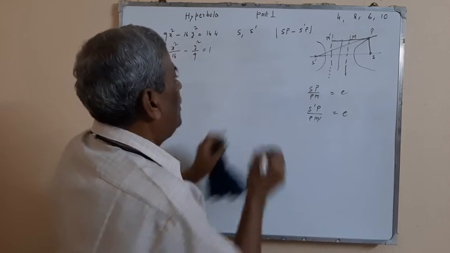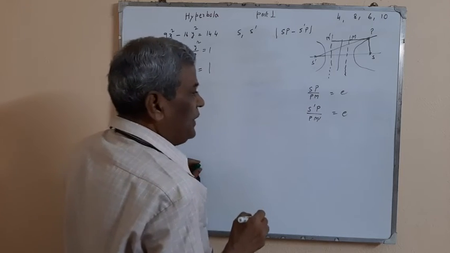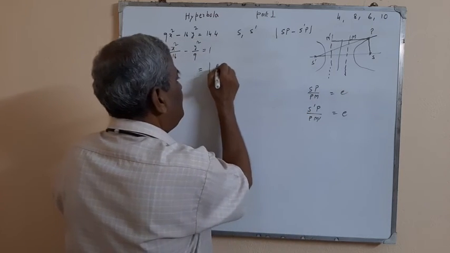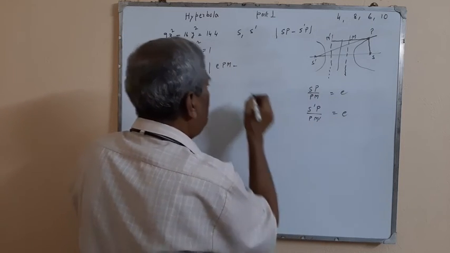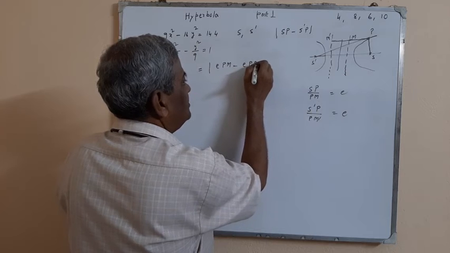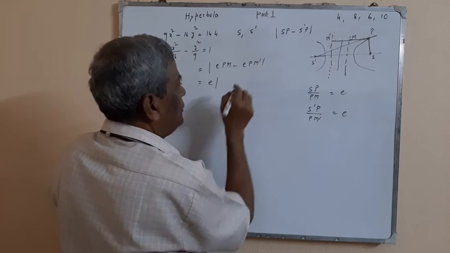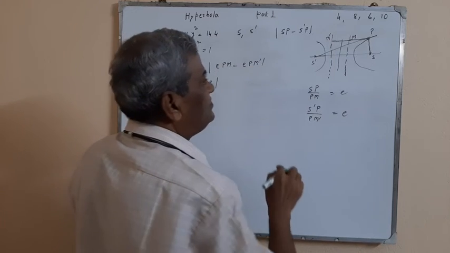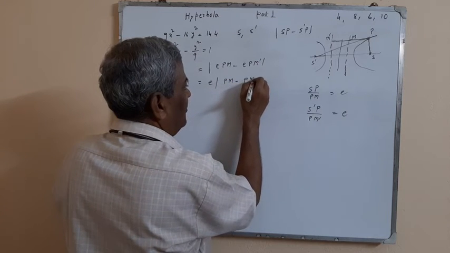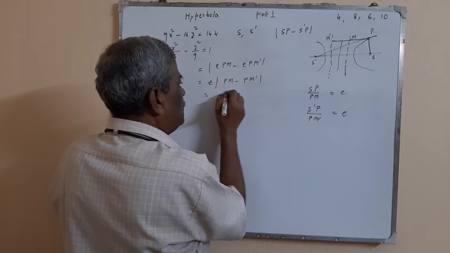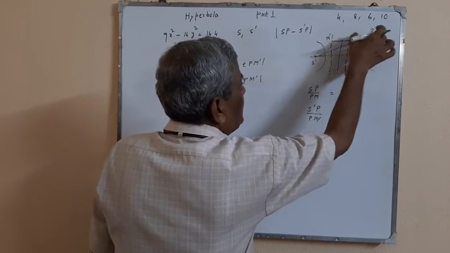So from here we get mod of SP, which means e into PM, minus S dash P, which is e into PM dash, is equal to, taking e common, mod of PM minus PM dash, is equal to e into PM dash minus PM, because it is within mod sign and PM dash is more than PM.